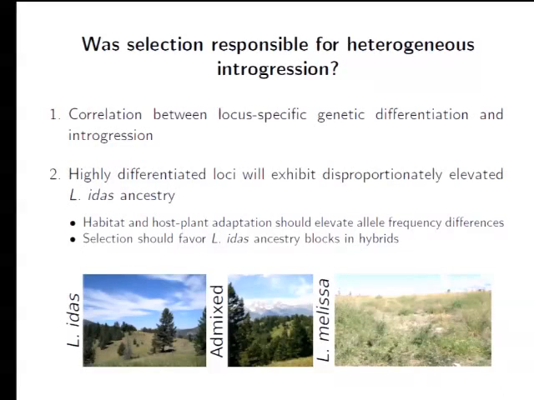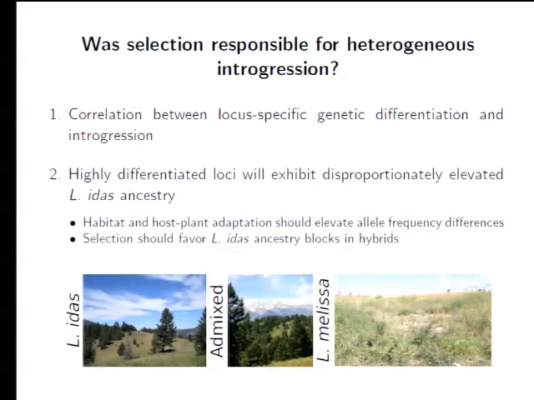so to get to the second one, recall that the hybrids are on the same host plant as Lycaeides idas, which is different than the Lycaeides melissa host plant. They're also in an environment that's much more like the Lycaeides idas environment. So both Lycaeides idas and the admixed populations here occupy wet montane meadows, with admixed populations tending to be a bit higher, whereas Lycaeides melissa is on alfalfa in these dry fields.